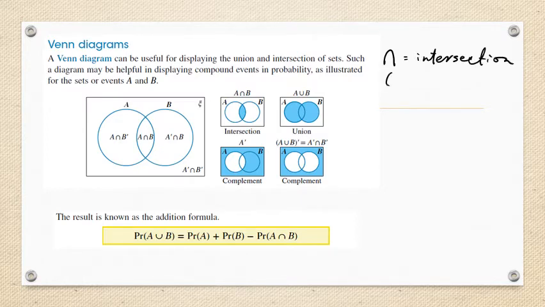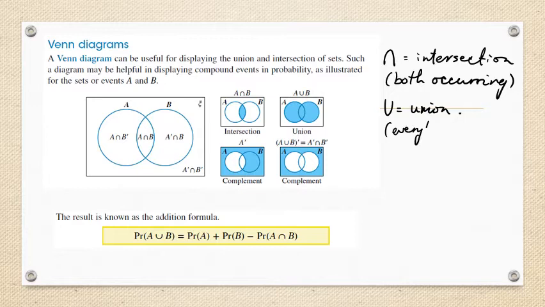So in this case, we have two things that are both occurring. Union is that one. Now union means everything that occurs for, in this case, A and B.